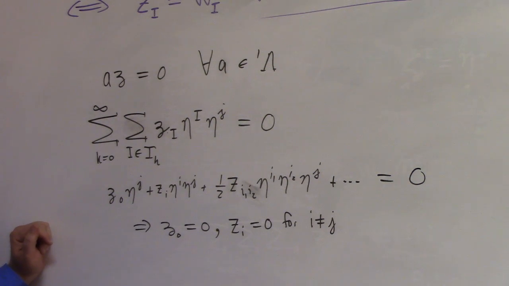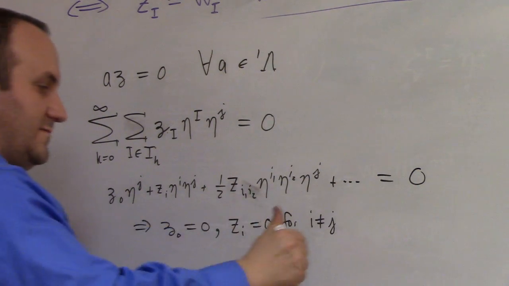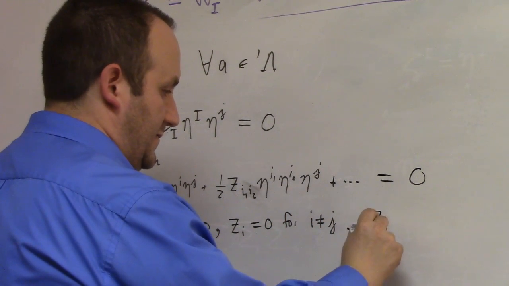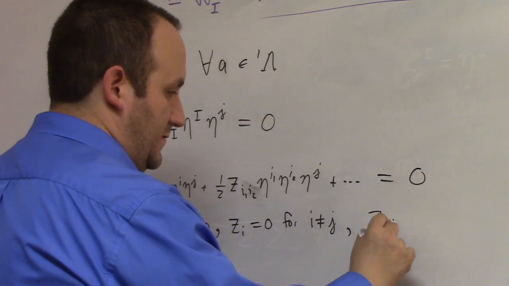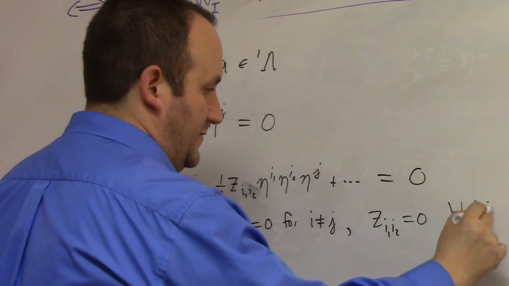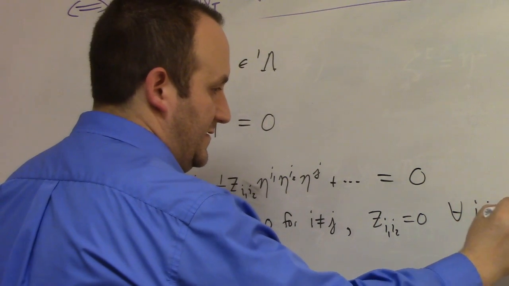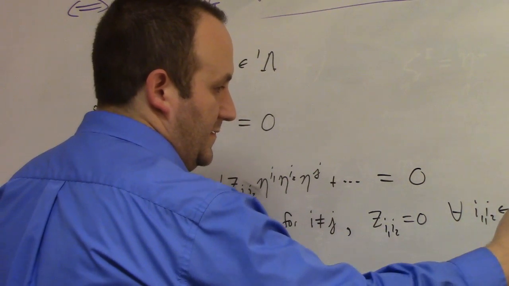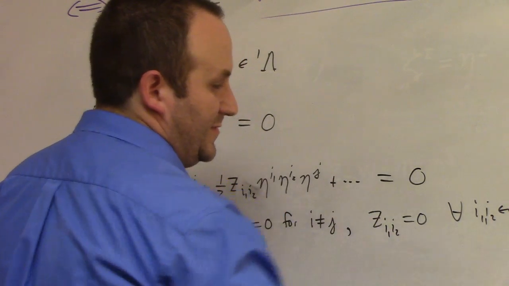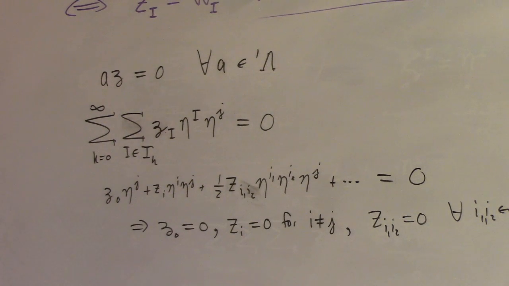If this is confusing, you could start by doing a to 1, then a to 2, then a to 3, then a to 4, and go like that. But over here, I will also get that z I1, I2 is equal to 0 for all I1, I2 not having j. There's a better way of denoting that, but there can't be a j index in there.